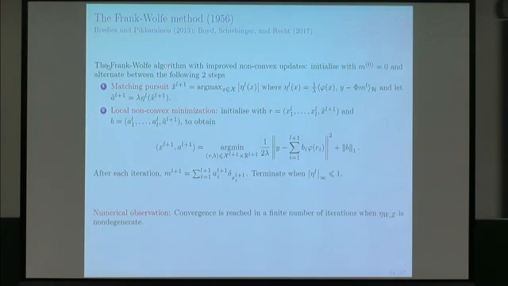And the way this algorithm works is that it alternates between these 2 steps. It first does a matching pursuit step, where you find a new position x tilde, L plus 1, which is the argmax of this function, which is a candidate certificate.